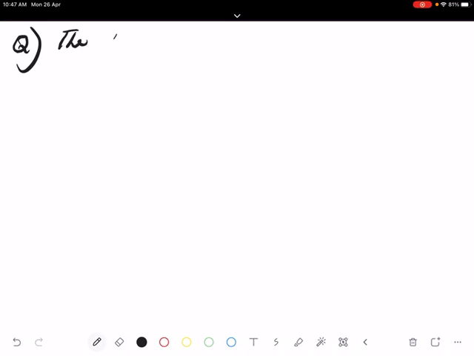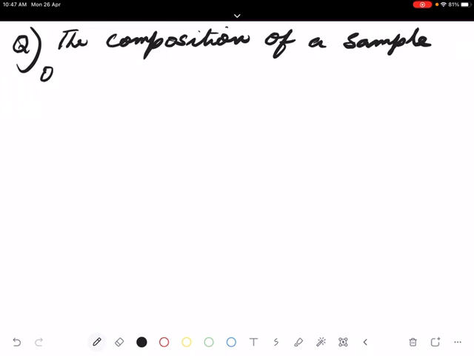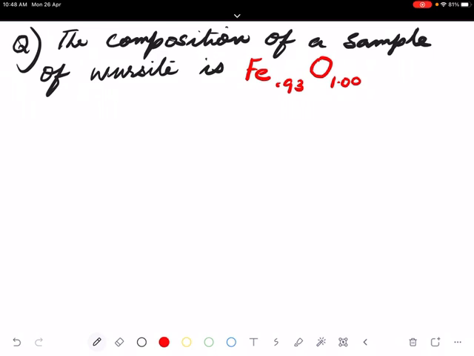Another question. The composition of a sample of Wüstite is Fe0.93 O1.00, which means 1.